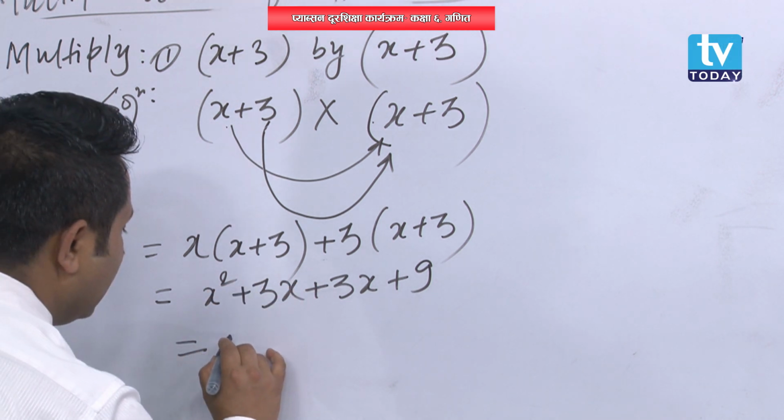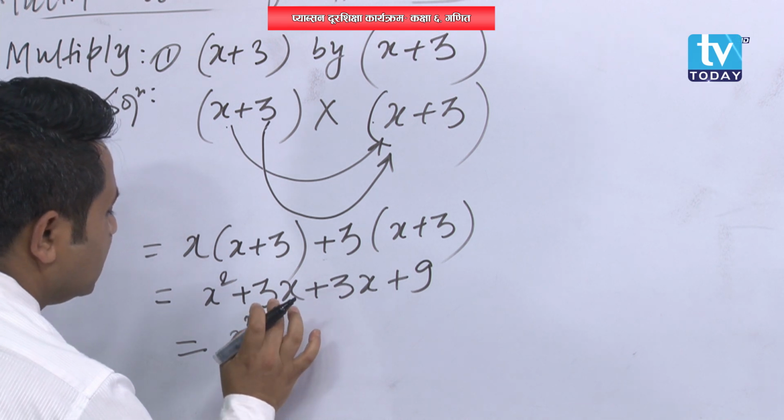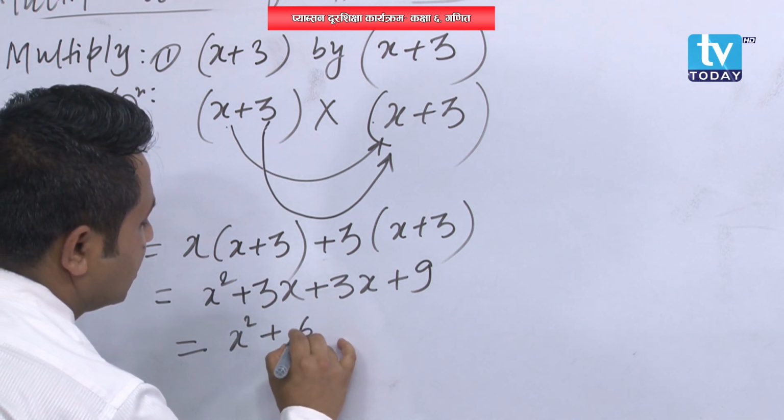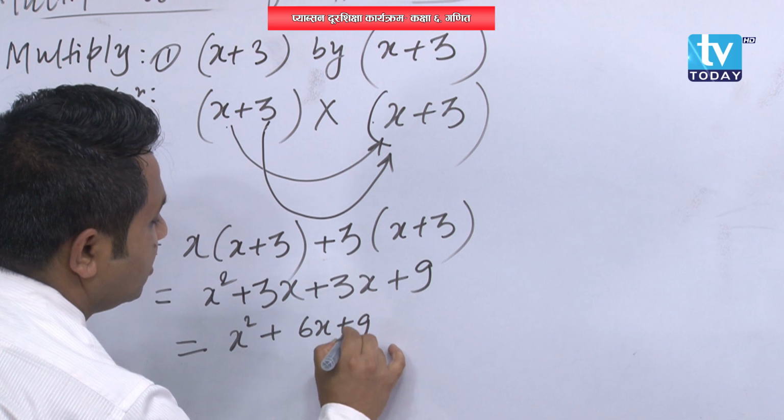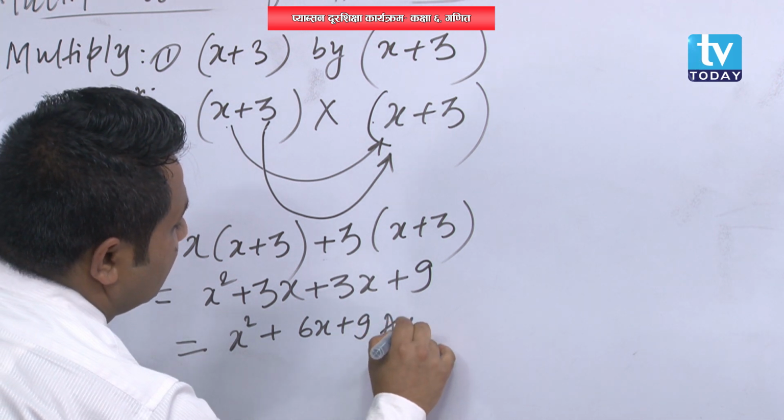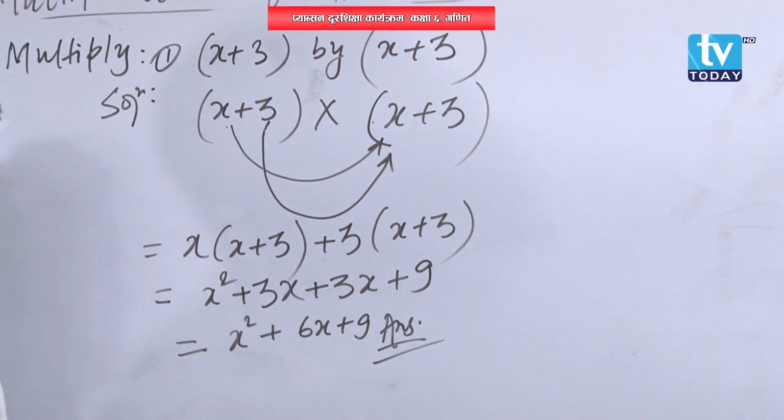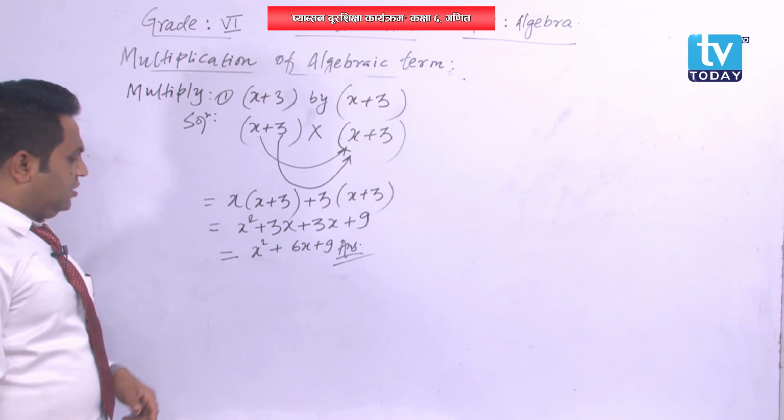So x square plus 3 plus 3, 6, 6x plus 9. This is the answer. If you multiply x plus 3 by x plus 3, you will get x square plus 6x plus 9. Is that clear? In this way we can multiply algebraic expressions. Are you getting me? Okay, good.